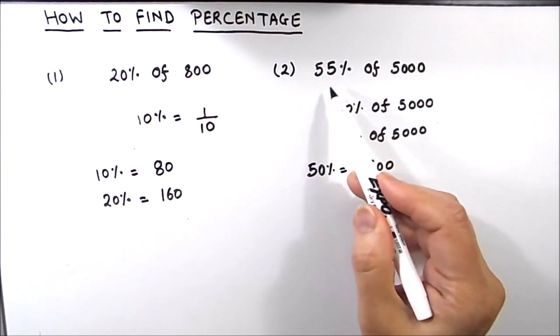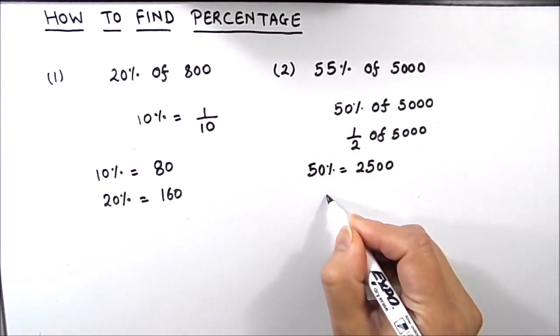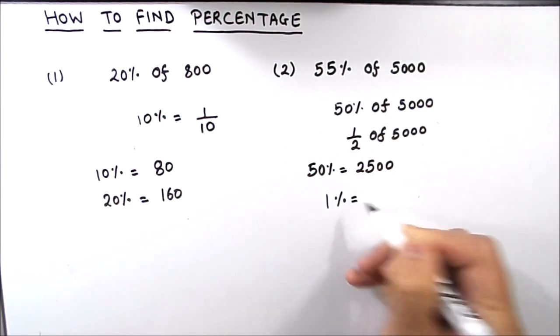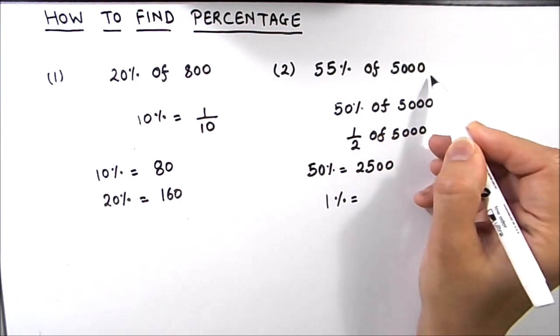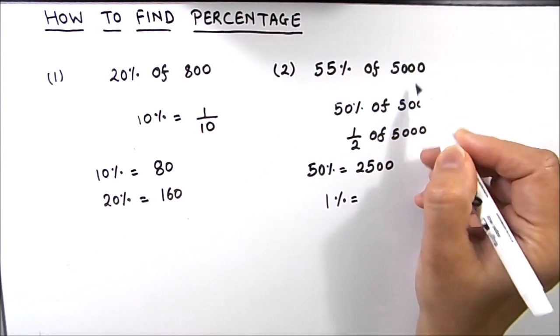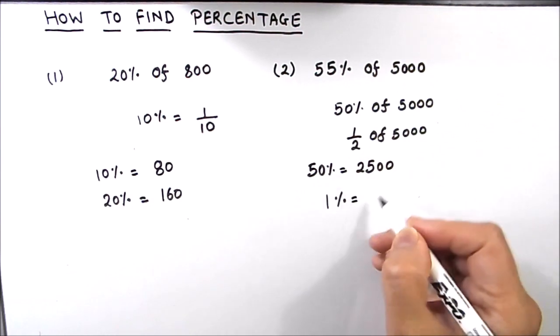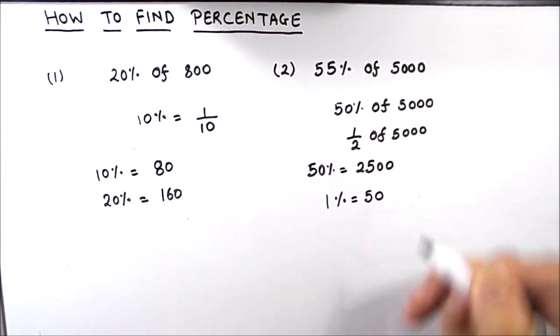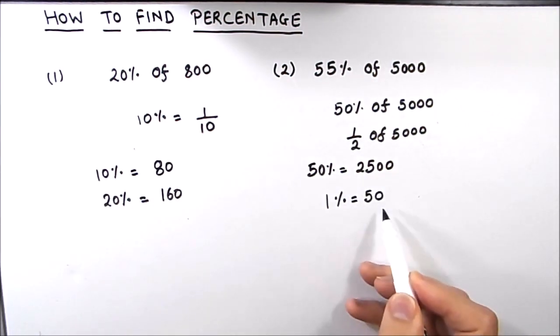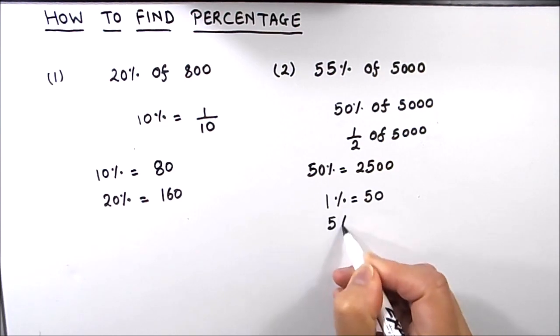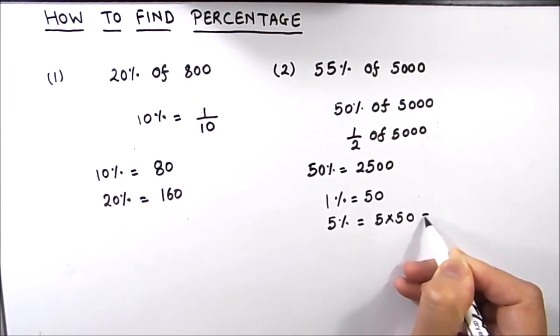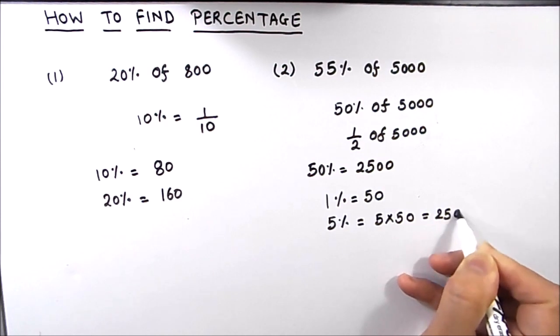After finding 50%, we can even find 1% orally. 1% of 5000 will be 1 by 100 of 5000, which is 50. 1% is 50, so 5% will be 5 times 50, which is equal to 250.